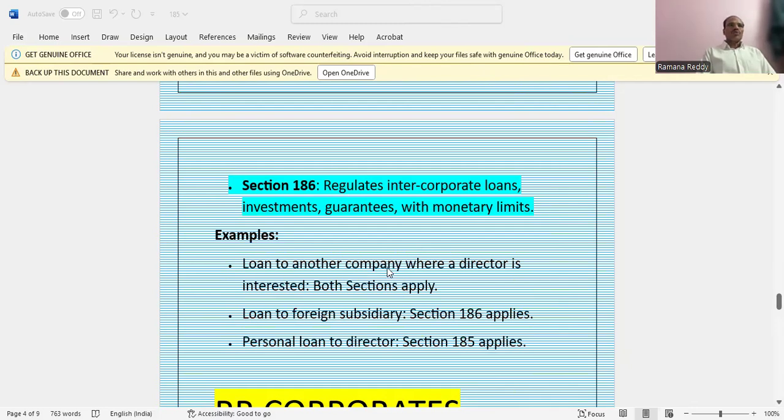Example, loan to another company where a director is interested: both sections apply. Loan to foreign subsidiary, Section 186 applies. Personal loan to director, Section 185 applies.